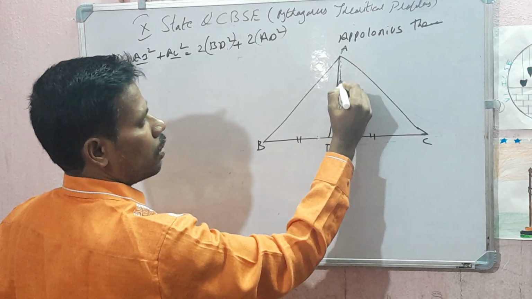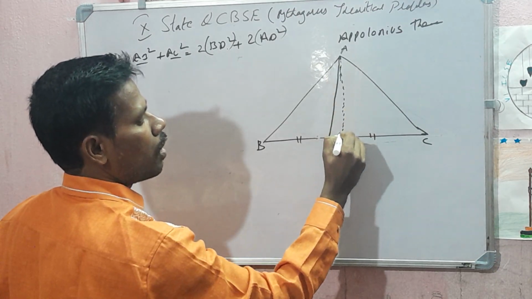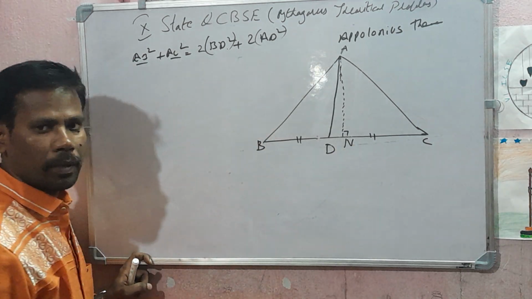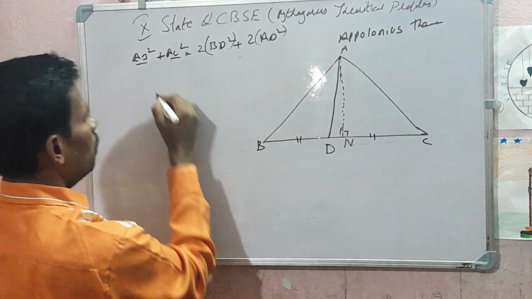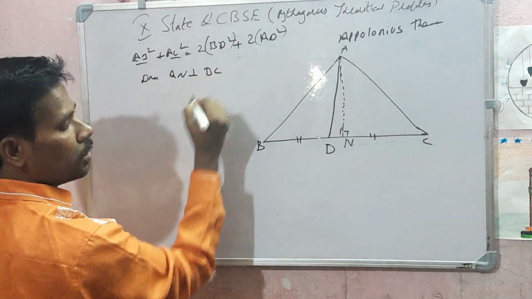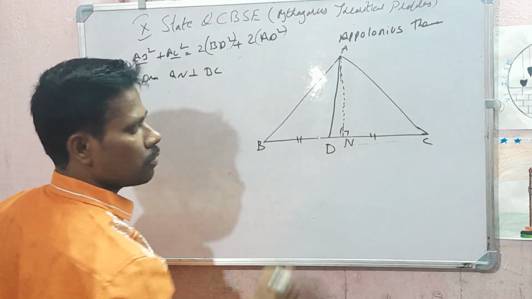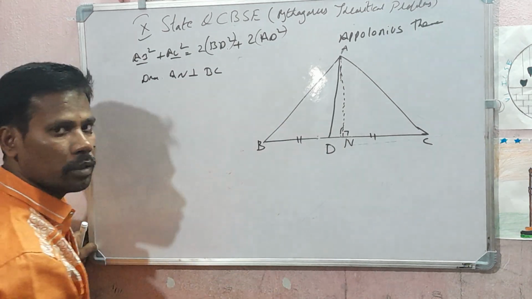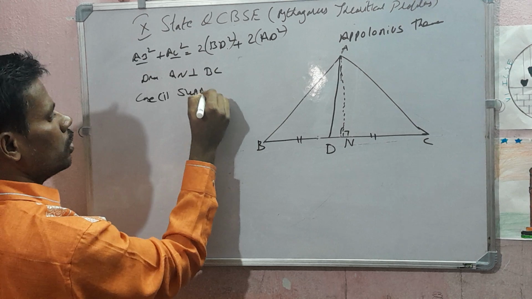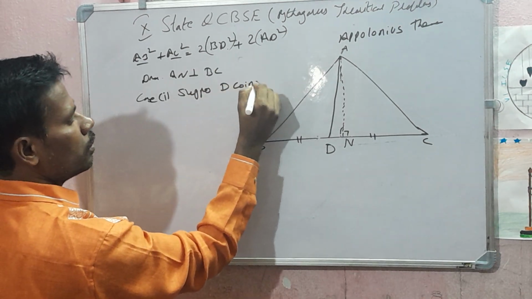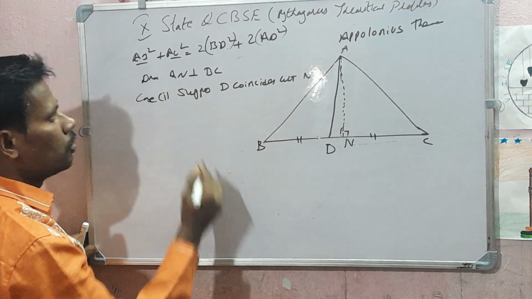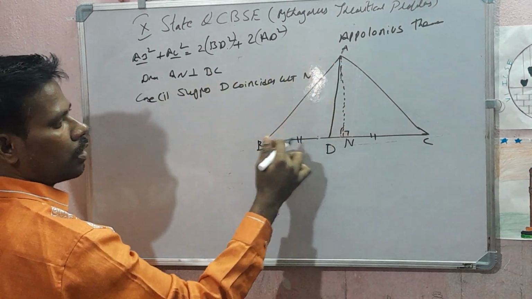Now construction: draw AN perpendicular to BC, right? Suppose D coincides with N, case 1. So construction, draw AN perpendicular to BC.